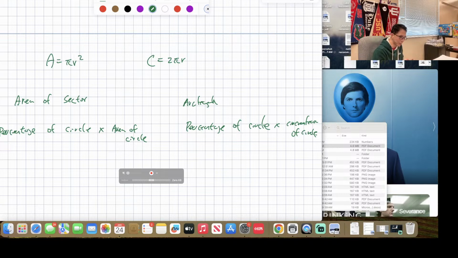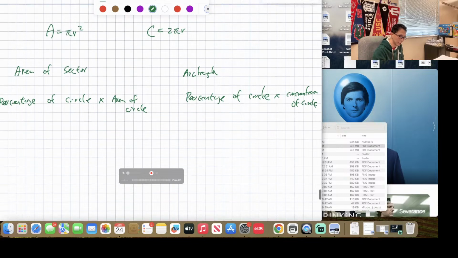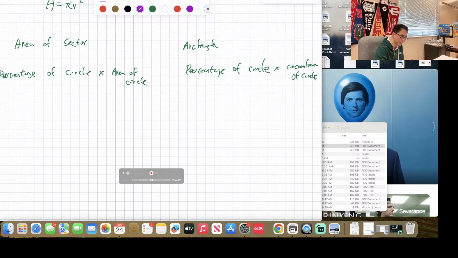So what do you mean by percentage? Well, percentage basically comes from the central angle. Just say I have this circle right here, and this is the center, and I have this that says 80 degrees.